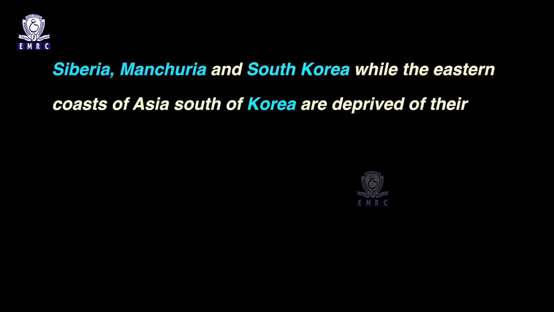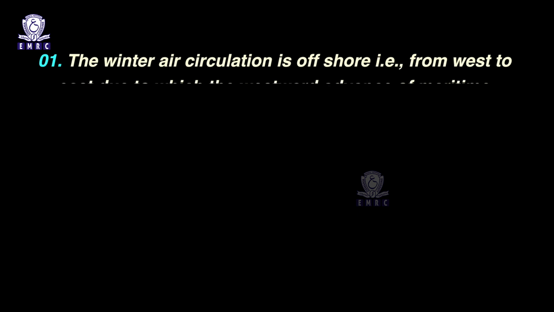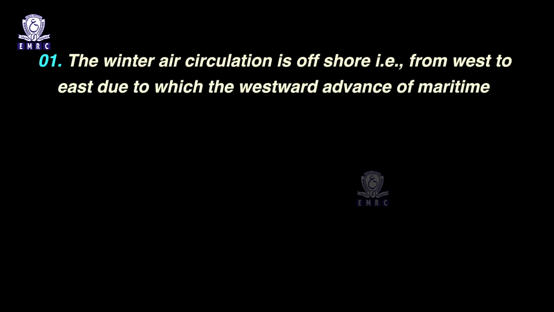Maritime polar air masses. These air masses, after originating over the Sea of Okhotsk, influence only the coastal margins of Siberia, Manchuria and South Korea, while the eastern coast of Asia south of Korea is deprived of their influence because the winter air circulation is offshore, that is from west to east, due to which the westward advance of maritime polar air masses is blocked.